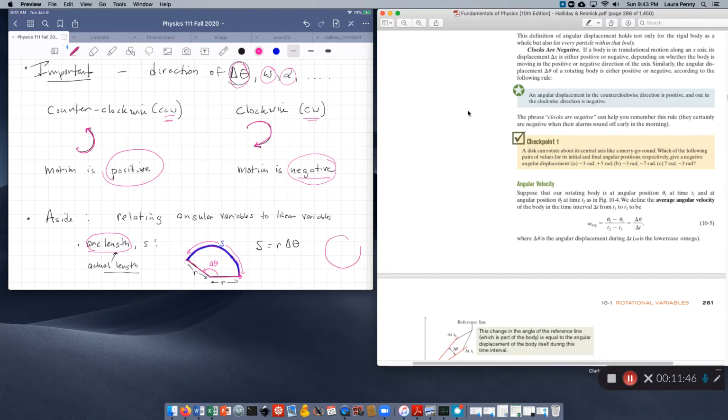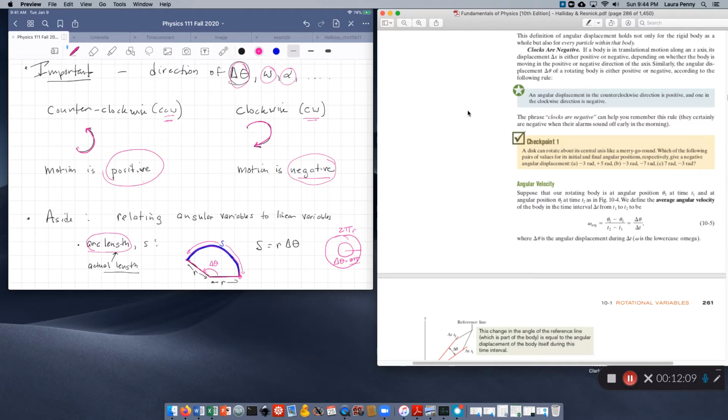So if this was a whole circle, the length would be 2 pi r, and the delta theta would be 2 pi. And so all I've done is take the delta theta and multiply by r.